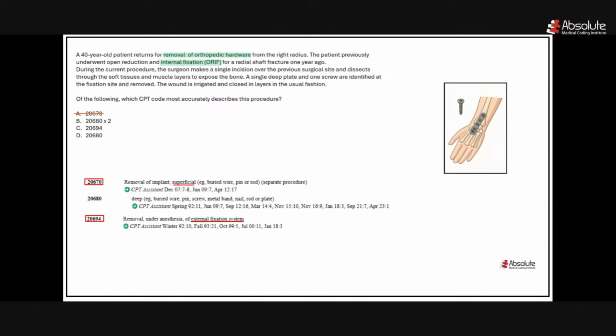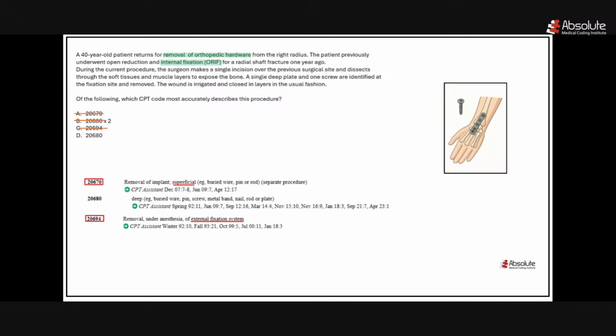We're left with option B and option D. So I would say 20680, option D is the correct one, as everyone said in the chat, because 20680 should be reported only once, as the original injury is located at one site, regardless of the number of screws, plates, rods, or even incisions. So 20680 times 1 is the correct answer.